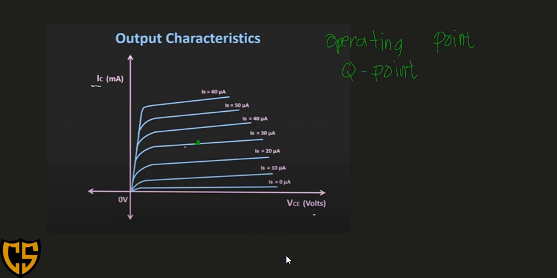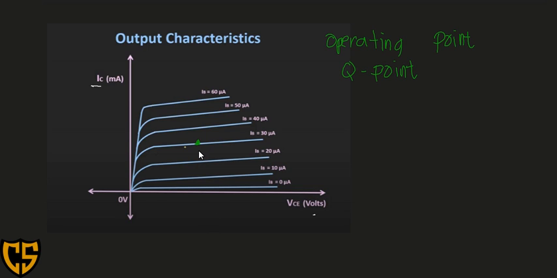what happened earlier was that if the operating point is in that part, it will lead to linear distortion of our output waveform. So, to avoid these distortions, we need to put it somewhere at the center of our active region.